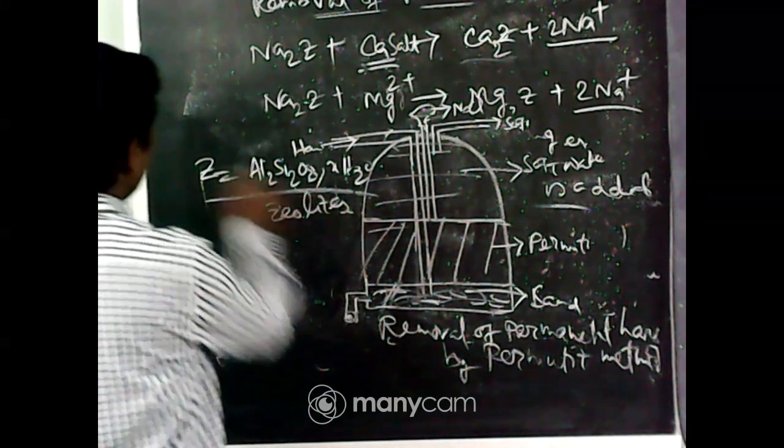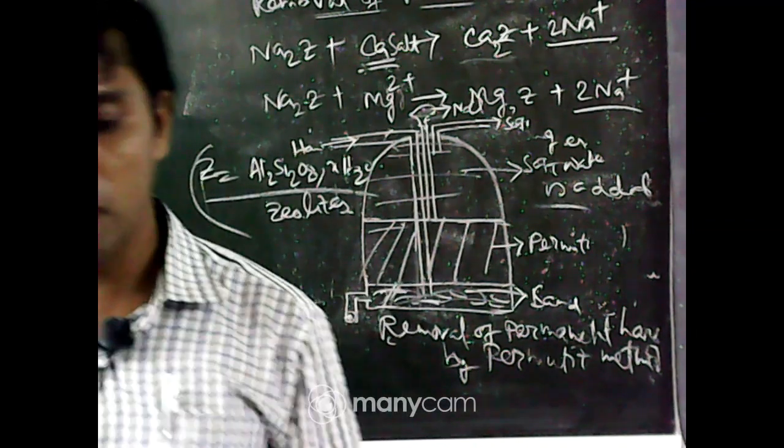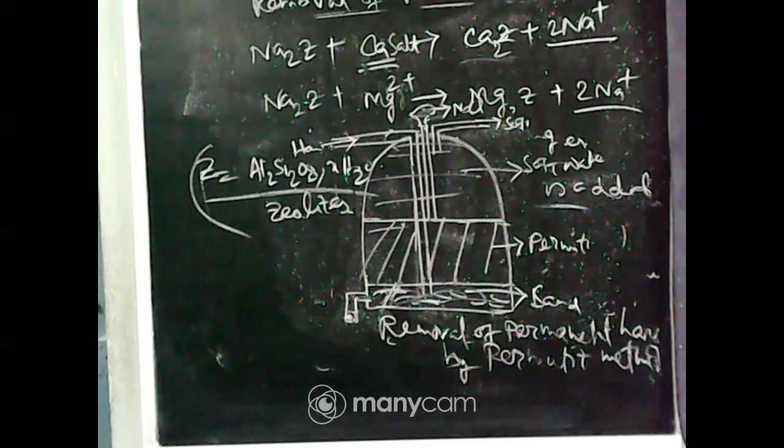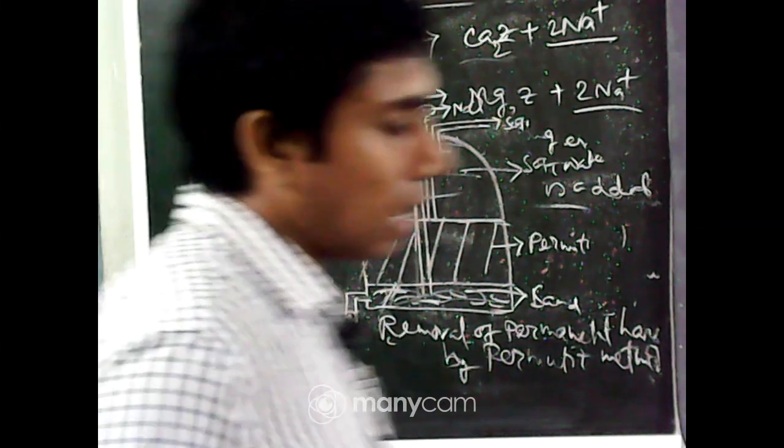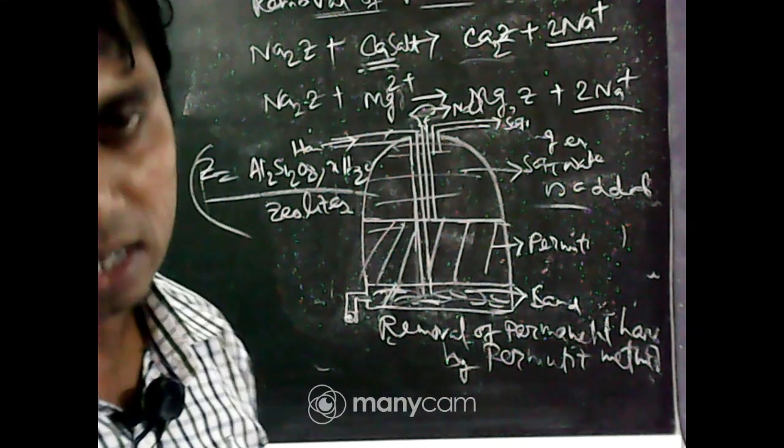Okay. So, these are the compounds. Okay. So, next day I will tell you about the next method, that is the removal of permanent hardness by organic ion exchanger or organic resin.